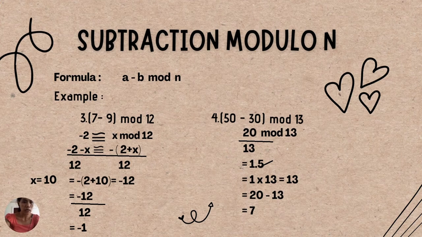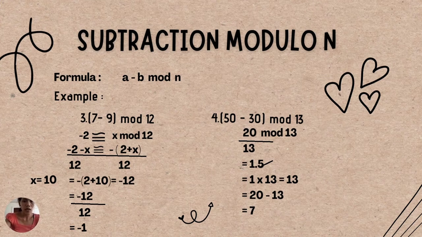We are looking for the digit that can be added to negative 2 so that the total is negative 12. So x is equivalent to 10. Negative 2 plus negative 10 is equivalent to negative 12. So negative 12 over 12, the result is negative 1.